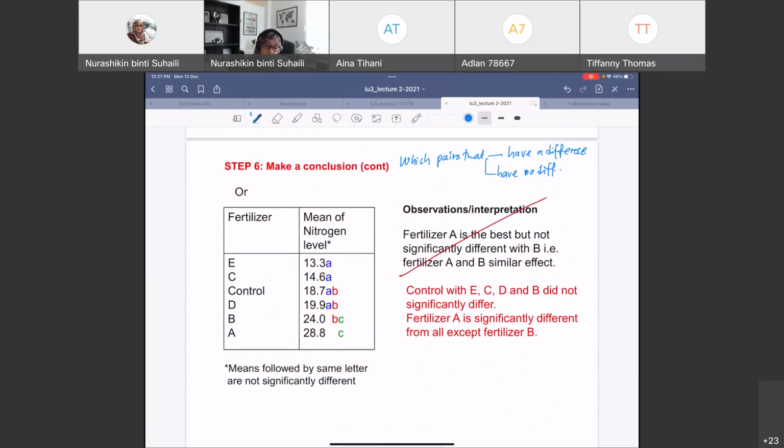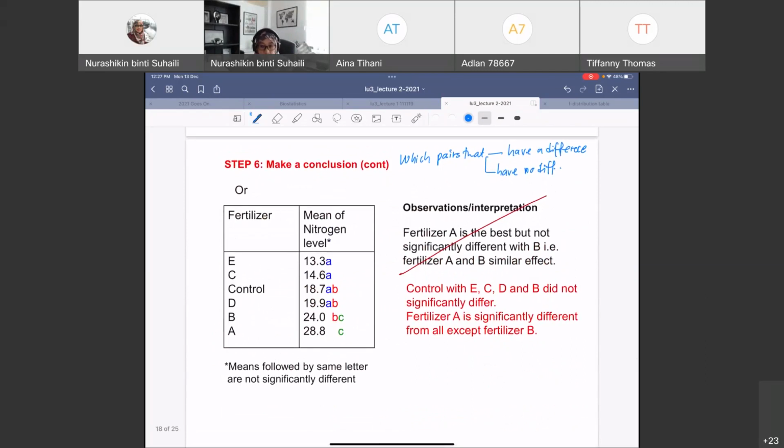So they would present the mean values and also the groups. For example, here we have A until control, and the mean values, and they would denote that those with the same letter are not significantly different.